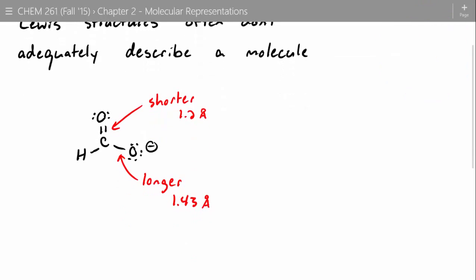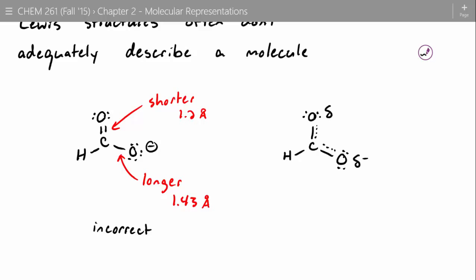But this is incorrect. The reality is, if we look at this, we've got an oxygen here, oxygen here. We've got delta positives here. These are actually the same length.